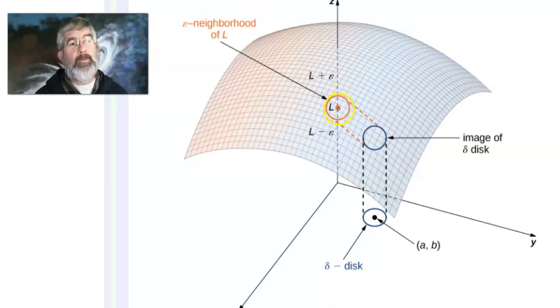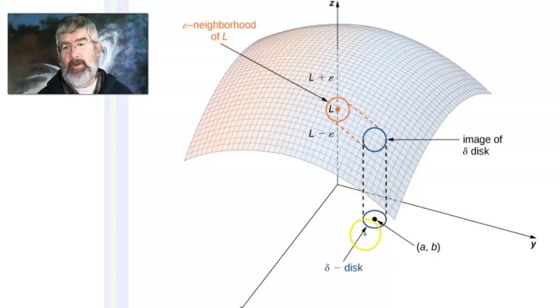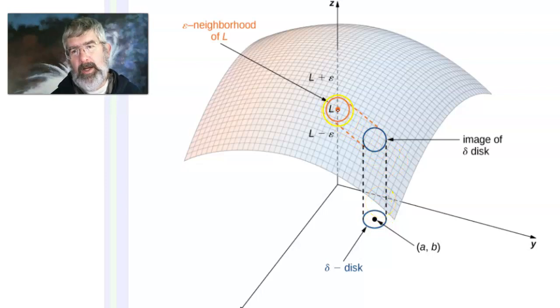So the thing is, once you've chosen for each epsilon, you pick an epsilon, you say, here's what I think it is. Can you find delta so that the (x, y)'s that are within delta of the point (a, b) will give you function values that are within this range from L minus epsilon to L plus epsilon?